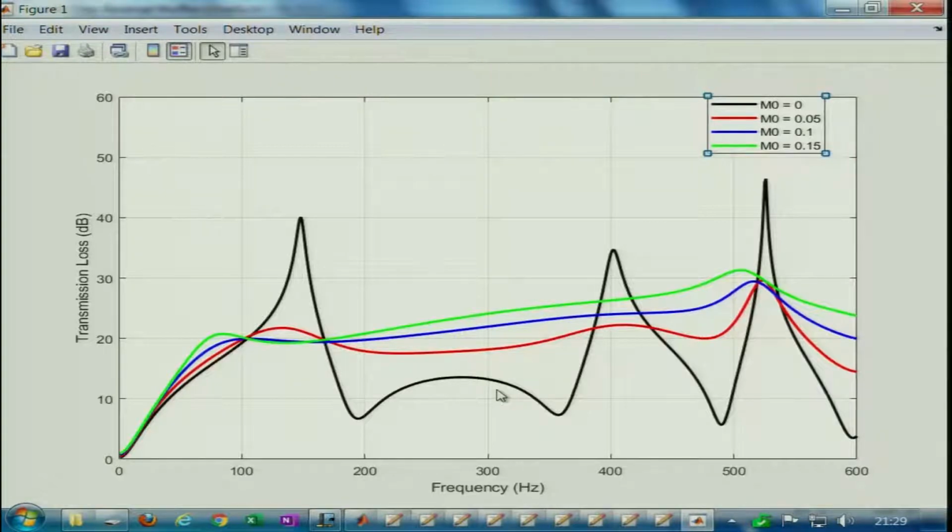But even when there is a small amount of flow, Mach number 0.05, it has such a good effect on the transmission loss attenuation that the curve straight away uplifts, and you are getting almost 20 dB or close to 20 dB attenuation throughout the frequency band, and the more the flow, the better the attenuation.